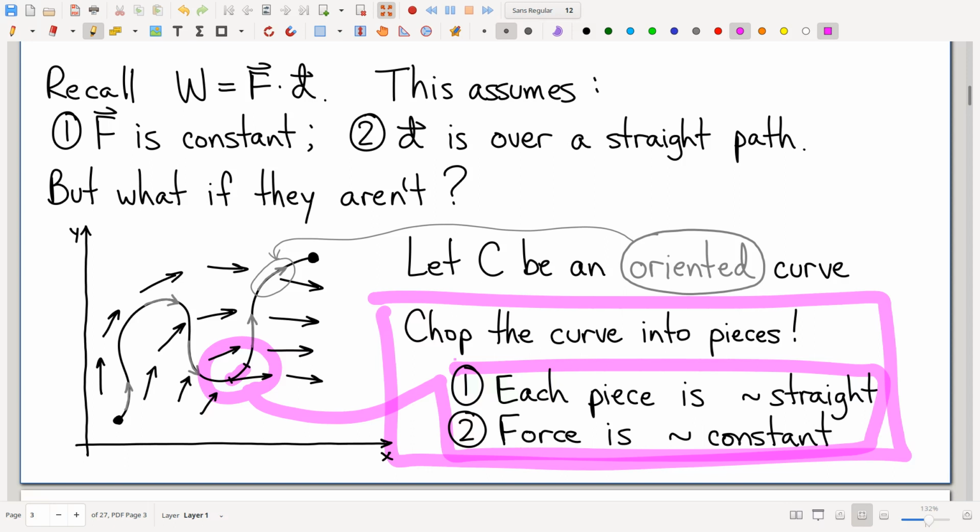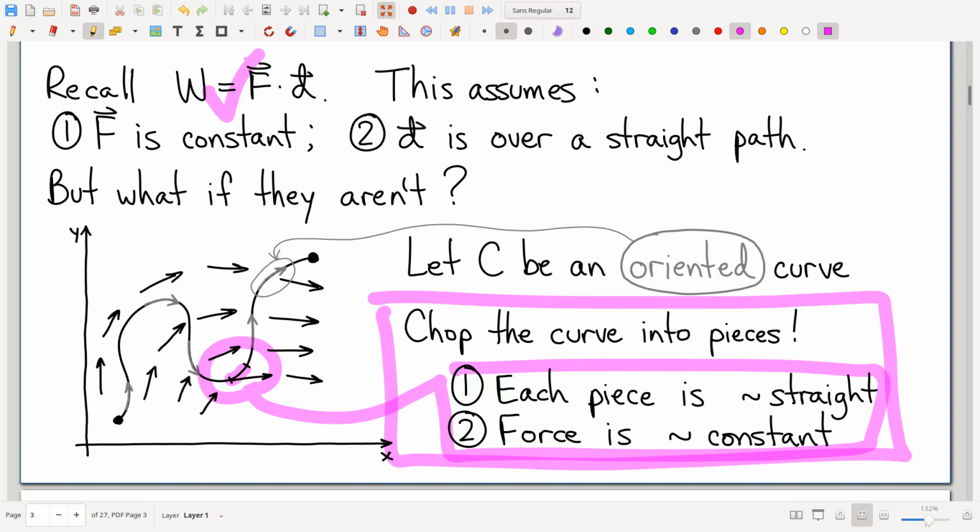Likewise, this is a very small little piece of curve, which means the vector field doesn't have much distance over which to change. So it's not exactly constant, but it's pretty close to constant. And again, the round-off errors are going to go away in the limit. So pretty much, the problem's going to be easy on those little pieces.